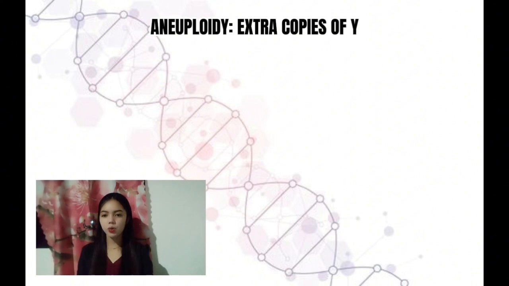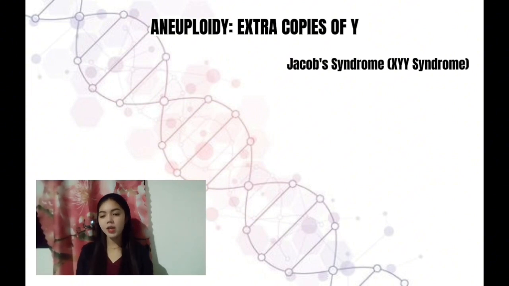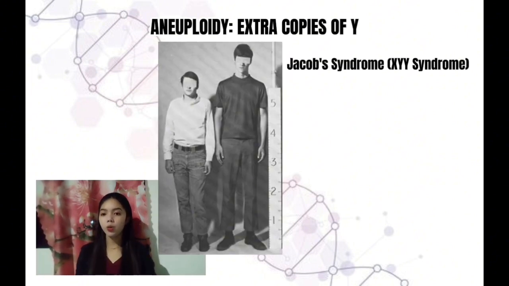Aneuploidy, extra copies of Y. XYY syndrome, also known as Jacob syndrome, is caused by the presence of an extra Y chromosome. Males normally have one X and one Y chromosome. However, individuals with this syndrome have one X and two Y chromosomes.